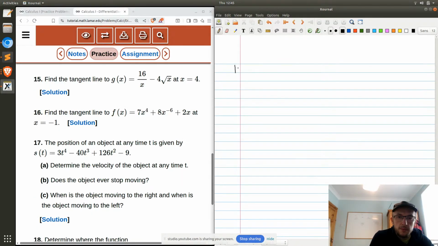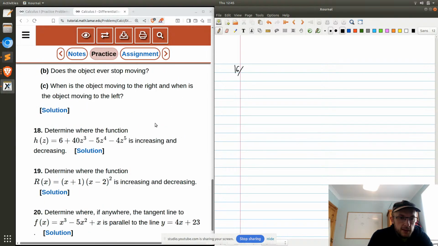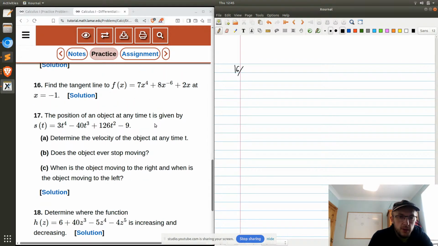16th problem. Okay, it's basically the same. I noticed that they're coming in pairs, these problems. All right, so what do we do? Okay, f prime of x first. Let's find that.